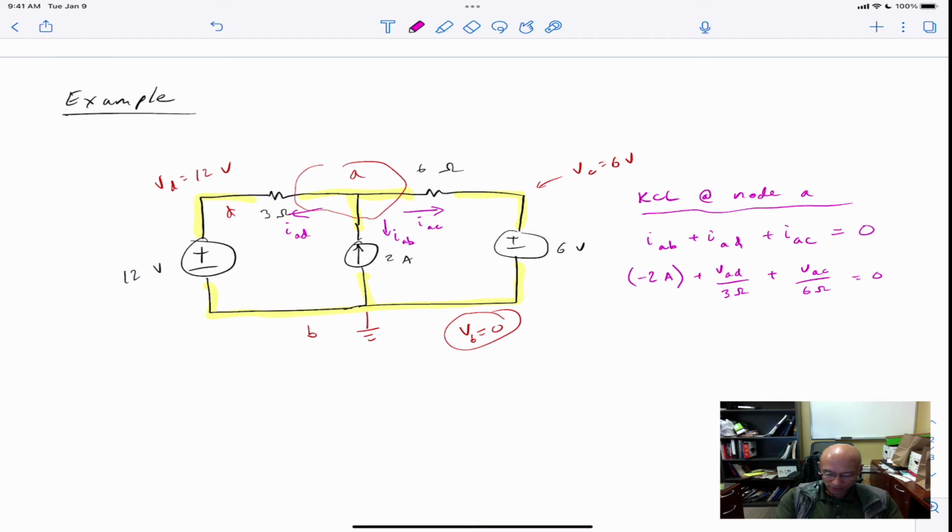Now, recognizing that VAD is VA minus VD, and VD is 12, and also recognizing that VAC is VA minus VC, which is VA minus 6 volts, since we know that VC is 6. Okay, so we can manipulate this a little bit more.